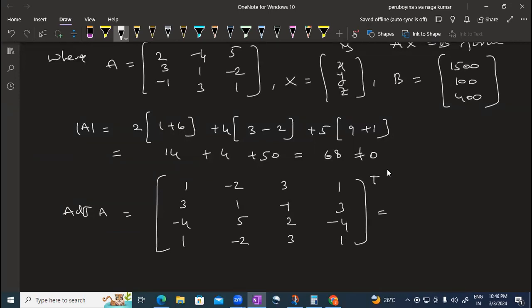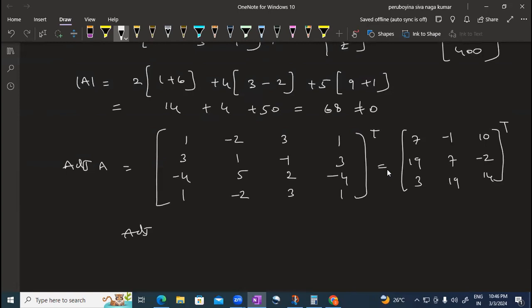This is equal to 1 plus 6 is 7, 2 minus 3 minus 1, 9 plus 1 is 10, 15 plus 4 is 19, 2 plus 5 is 7, 4 minus 6 minus 2, 8 minus 5 is 3, 15 plus 4 is 19, 2 plus 12 is 14, whole transpose.